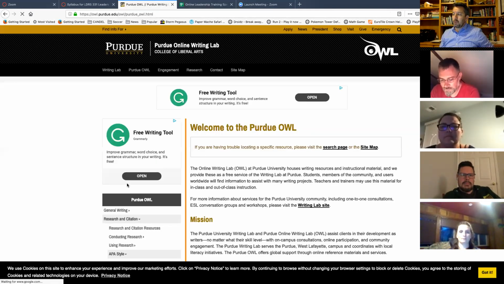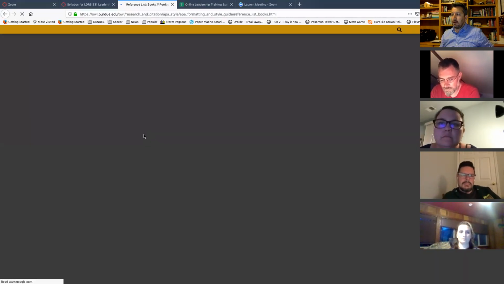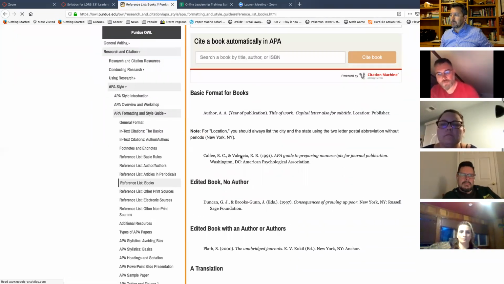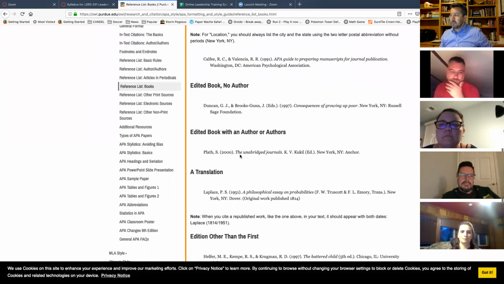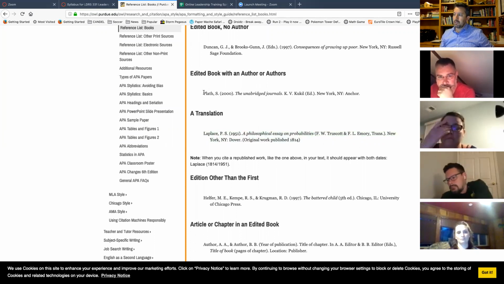Anyhow, so the Purdue OWL APA formats, if you want to know how to do a reference list for books, there it is. So in your white paper, you would need to have your references in there. It doesn't have to look like an academic paper.